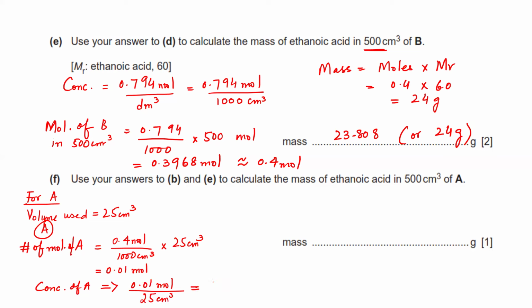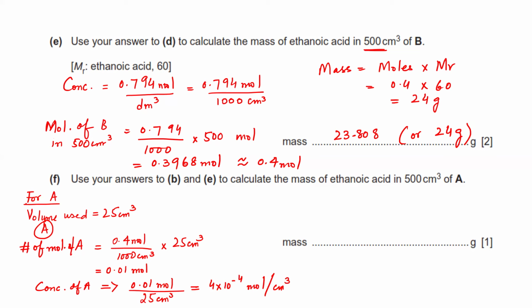So this will be equal to 0.01 divided by 25. So it will be 4 into 10 to power minus 4 moles per centimeter cube. So this will be the concentration.